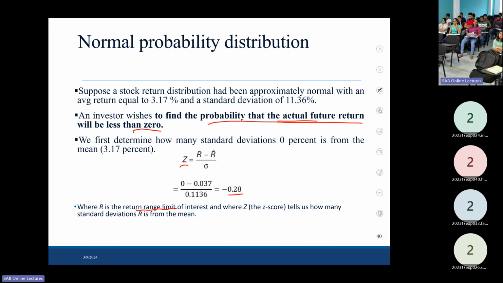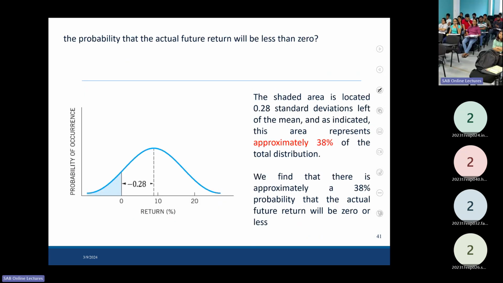We are looking for the probability of being less than 0. So this minus 0.28 tells you how many standard deviations this 0% is away from the 3.17. So this is our average, say 3.17. So minus 0.28.